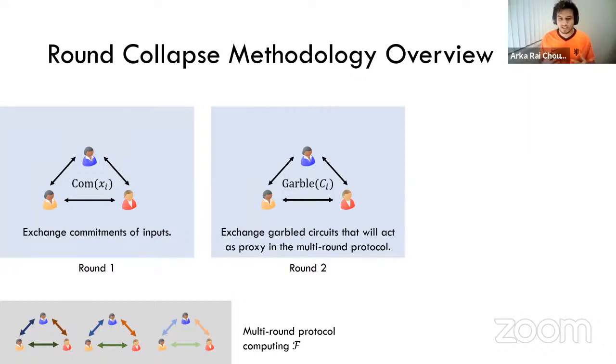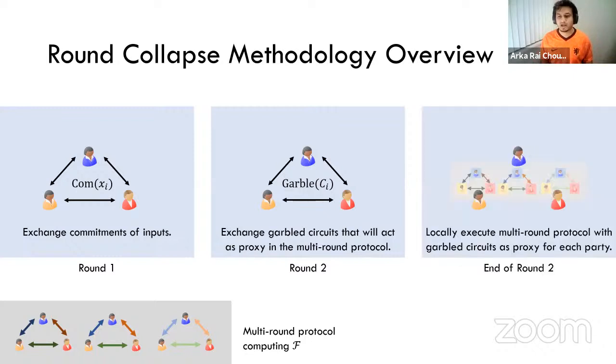The role of the garbled circuits is to essentially act as proxies for the parties in this larger multi-round protocol. What do I mean by that? At the end of the second round, each party locally and individually can emulate this multi-round protocol. Obviously, they can't interact anymore. So instead, these garbled circuits act as stand-ins for the parties and do the computation for them. So even though there is actually a multi-round protocol that's run, it's all done locally, and this is provided for in the first round. This is a very high-level idea.